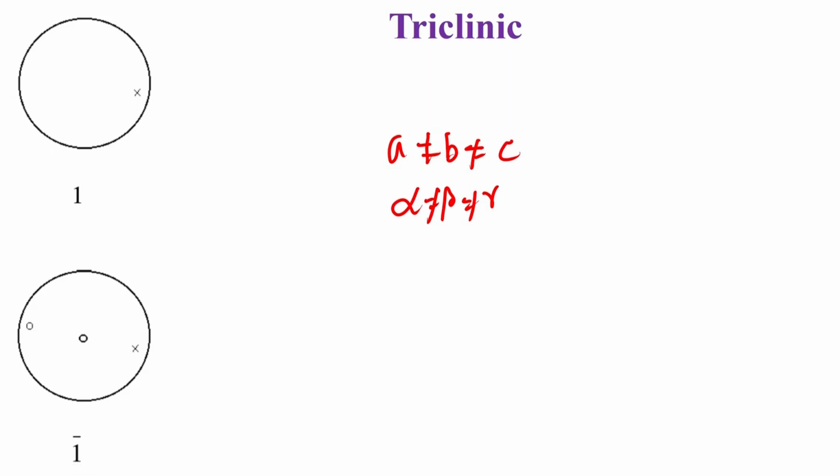So, the way in which this unit cell is described, there is no question of any directional preferences of the symmetry operations in this. That means we cannot invoke any rotational symmetry in a triclinic system, and as a consequence we cannot have any plane of symmetry in a triclinic system.